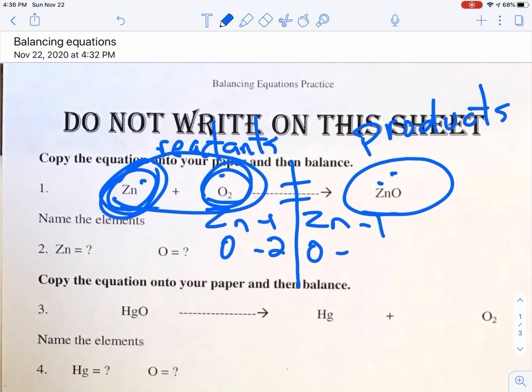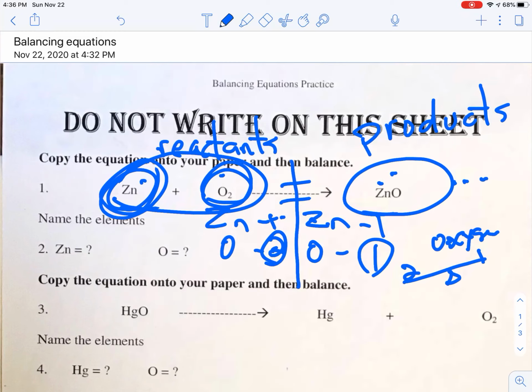One. And how many oxygens? One. So hopefully you can see the zincs are balanced, but the oxygens are not. Sometimes you can show it like a teeter-totter. On this side, we have two oxygens, and on this side, we only have one. So we've got to add a number over here.